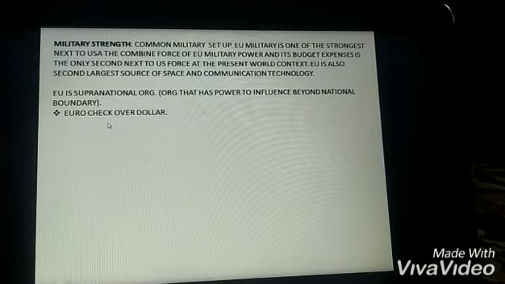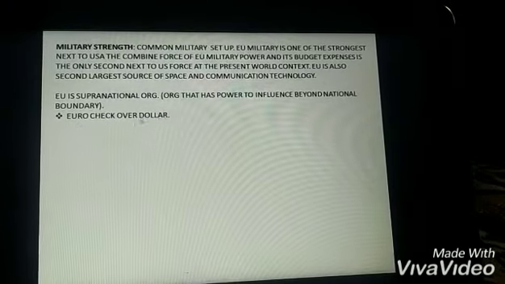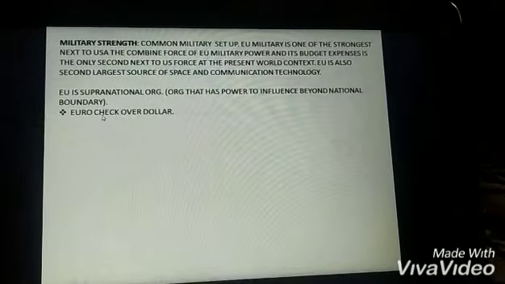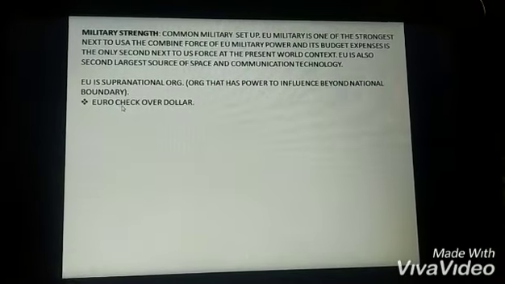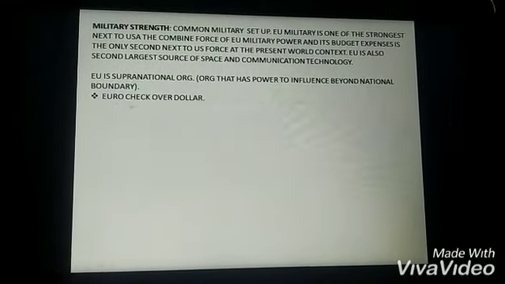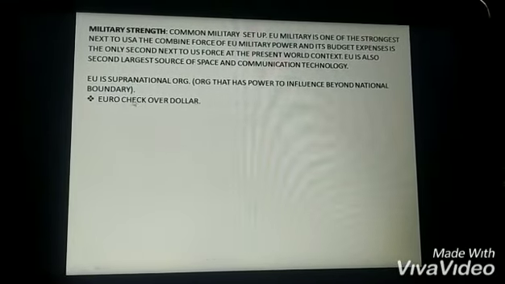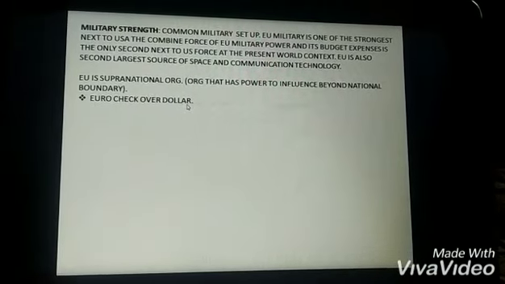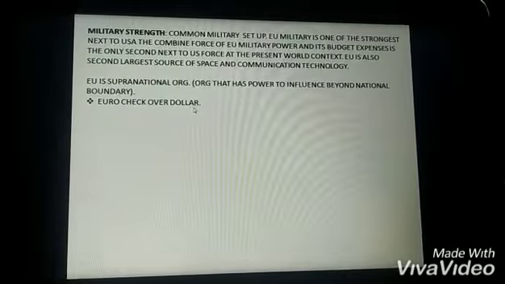And how is this EU playing a role in the countries? It is keeping a check through the euro, the common currency, on the currency of USA.